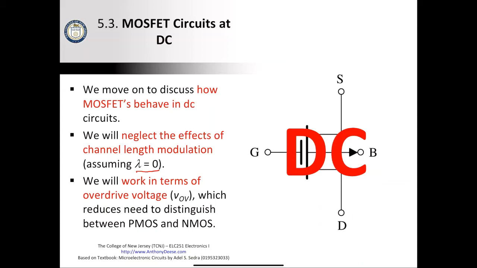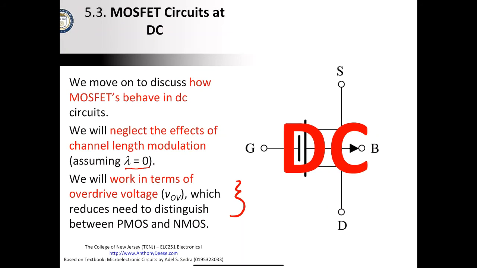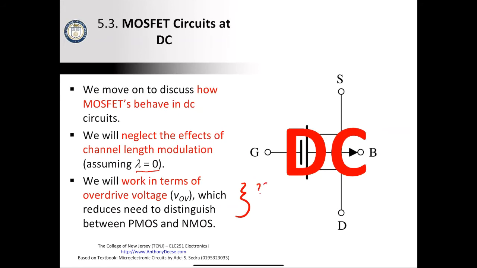Anyway, so we are going to work in terms of the overdrive voltage, which reduces the need to distinguish between PMOS and NMOS transistors. What does this mean? It means that we can pose problems in terms of VOV, meaning solve for VOV, or you're given VOV, and not ever asked to put that in terms of VGS or VSG.